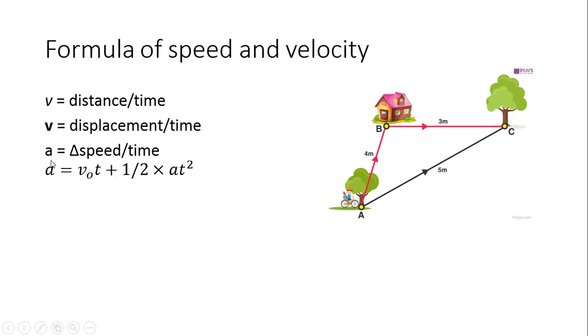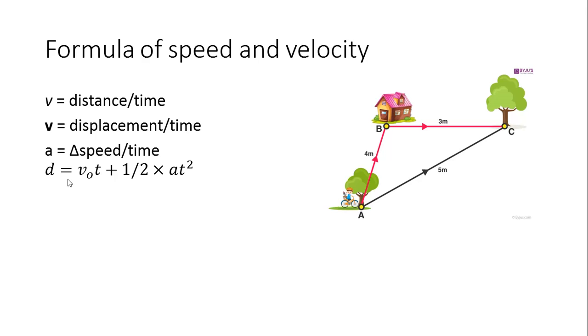And the formula for acceleration is delta speed or delta velocity over time. If you forget what a delta is, it is the difference between two numbers, that is the final speed or final velocity minus the initial speed or initial velocity.